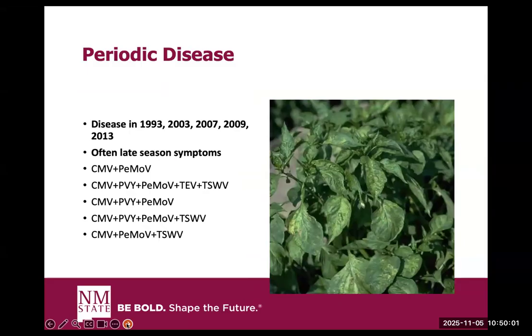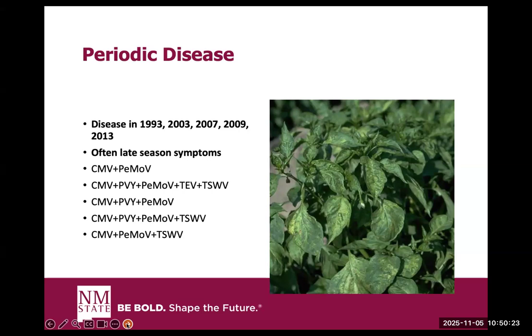We have seen in New Mexico mixtures. So here are just some of those combinations of virus in different years. And I've gone way back here. I wasn't here in 1993. That was vaguely historical, but I have been here for the rest of those.